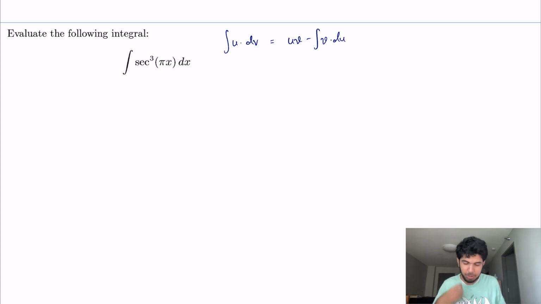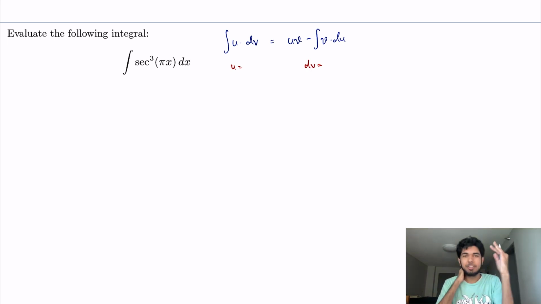So we have to choose our u and dv, and we need to choose it in such a way that their product is secant cubed of x. And we need to choose it also knowing that we have to take the derivative of u and take the integral of dv. How do we do this? There's only so many ways to allocate the secant cubed into u and dv.